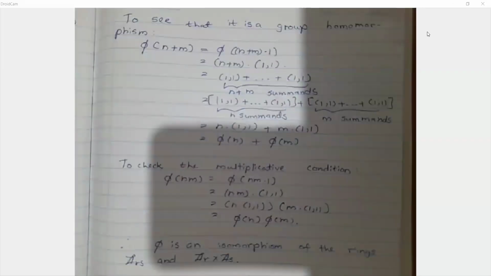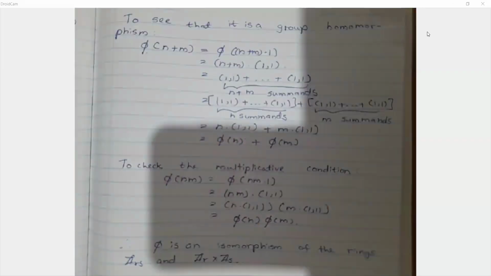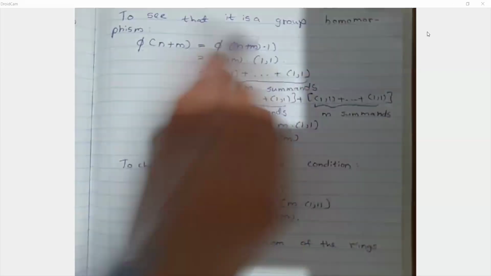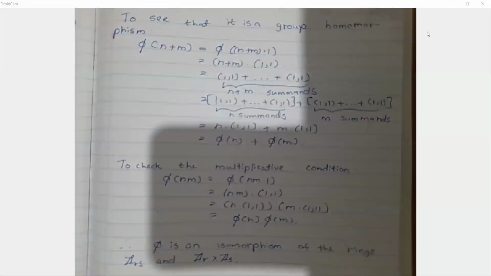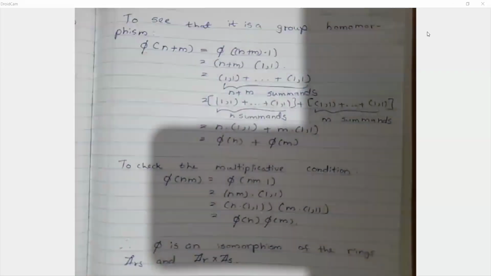So when you say n plus m, what we mean here is addition modulo RS. You add those two numbers, divide by RS, and take the remainder. That remainder must appear here times (1,1), that remainder times this element taken from the direct product. So we leave it at that.